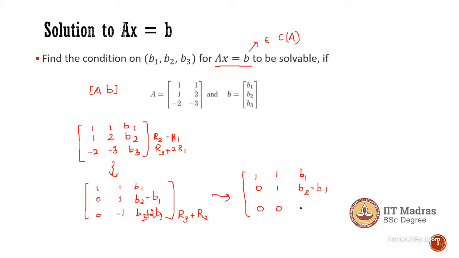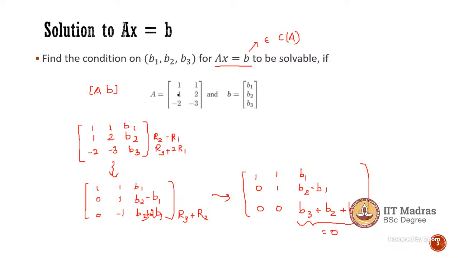So you will get B1 plus B2 plus B3. Is that correct? Yes. So this is your condition: B3 plus B2 plus B1 should be equal to 0.